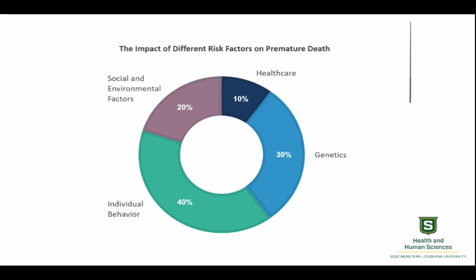However, another study did find that when it comes to risk factors that impact premature death, health behaviors take a much larger weight than when we talked about social determinants of health, with behavior contributing 40% of the risk, which is the largest impact of all the other factors that were considered.